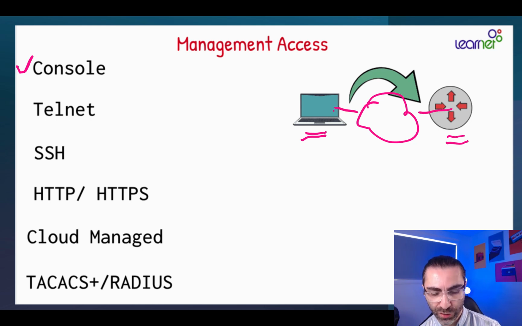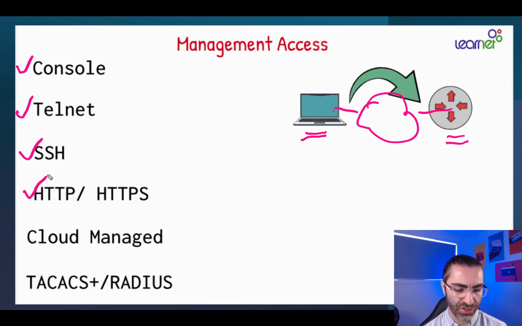Once they have IP connectivity, you can use protocols like Telnet, SSH, HTTP and HTTPS to manage this device. I spoke about the basics of Telnet, SSH, HTTP and HTTPS in the application layer protocols video, and you can review the basics of these protocols there.